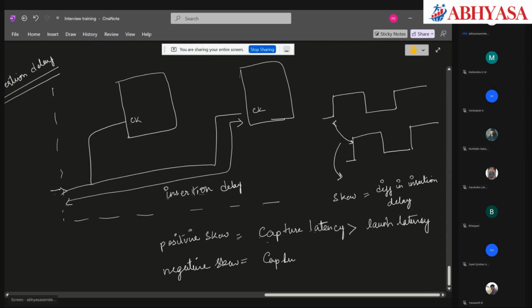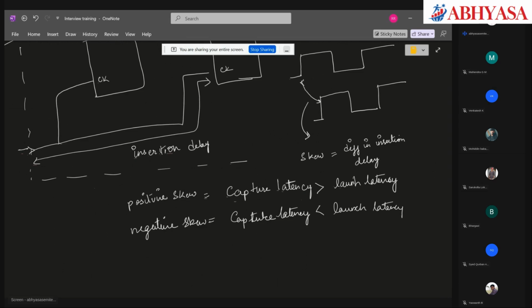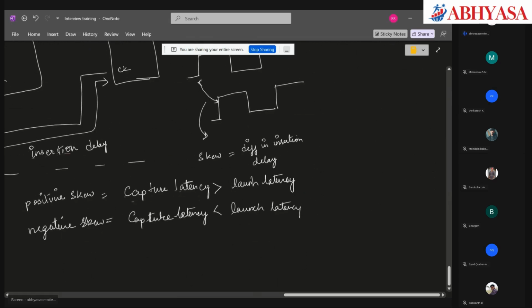And negative skew, capture latency less than launch latency, right? Simple. Positive skew is capture latency greater than launch latency. Negative skew is capture latency less than launch latency.